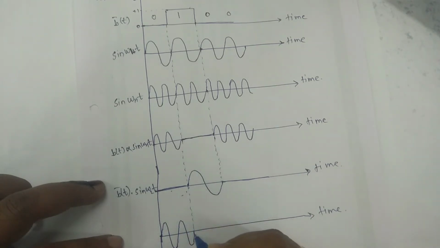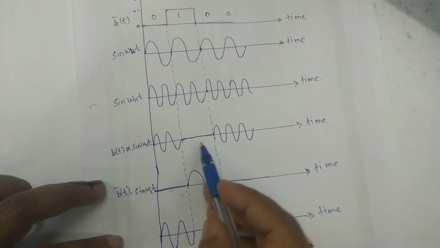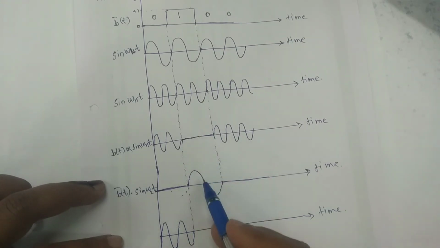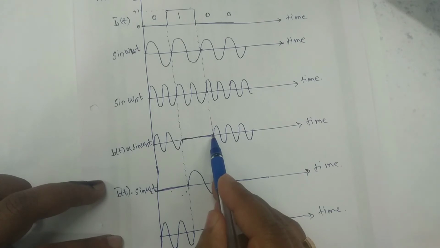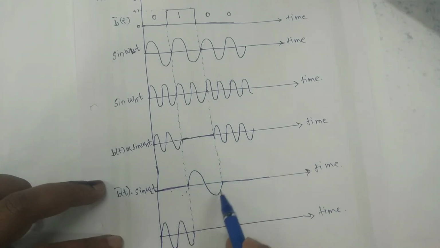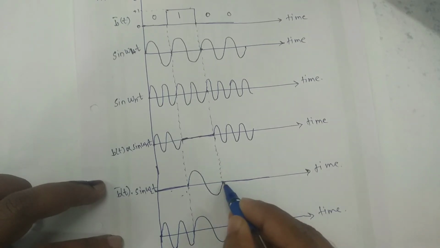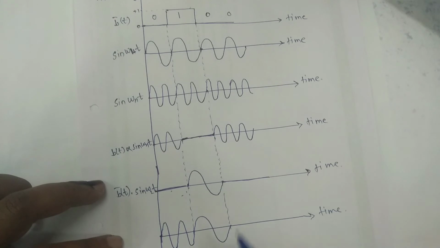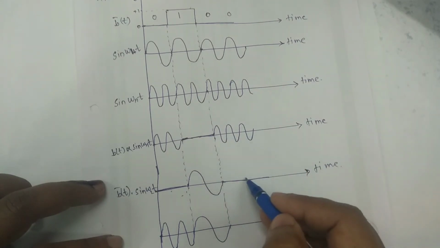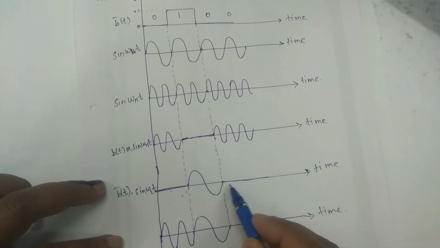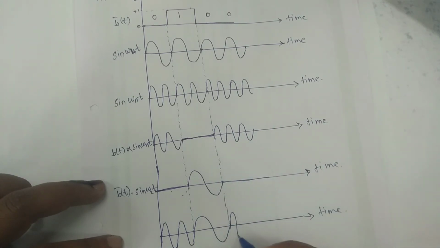Now if we add these two sections, here it is 0 0 into this signal, so the output will be this signal as it is. Again adding these two sections, here it is high frequency and here it is 0, so this signal will come as it is.